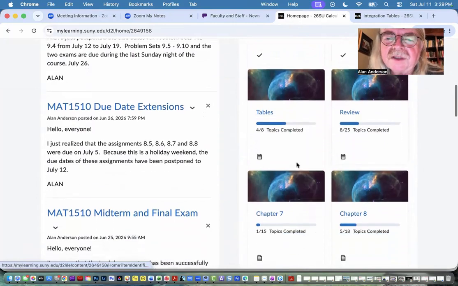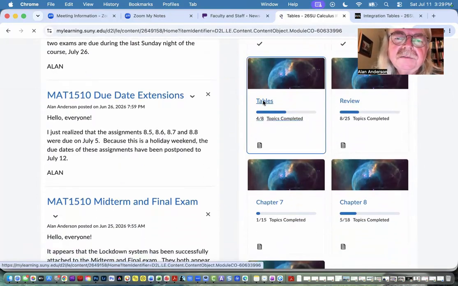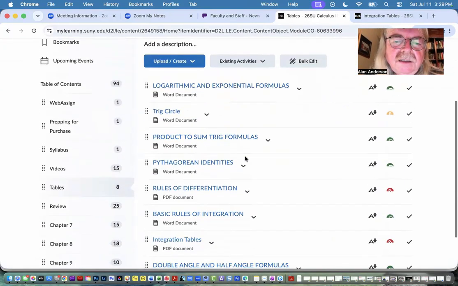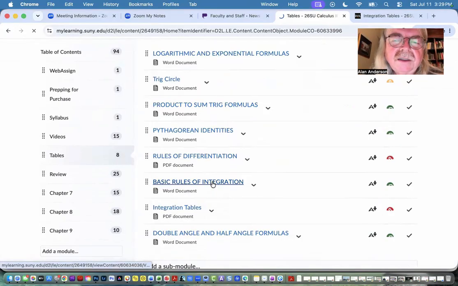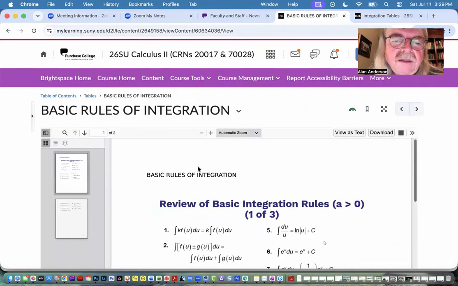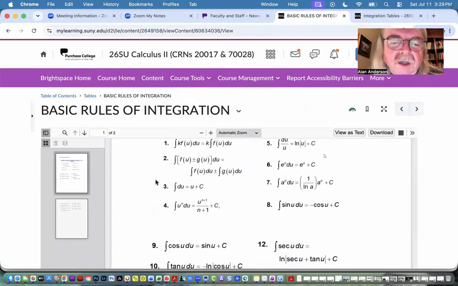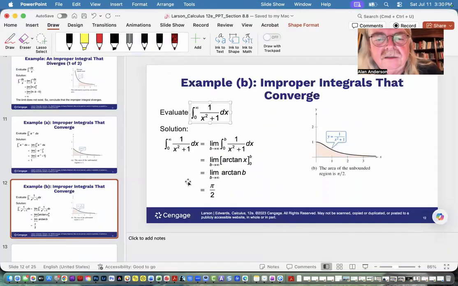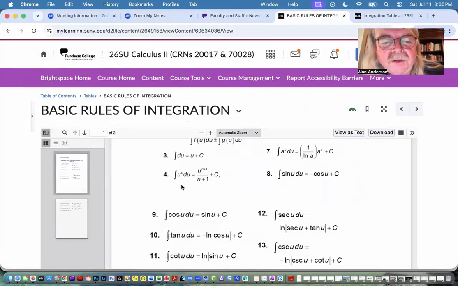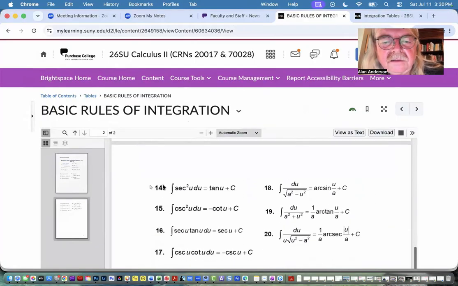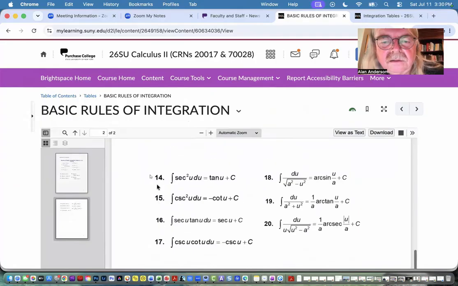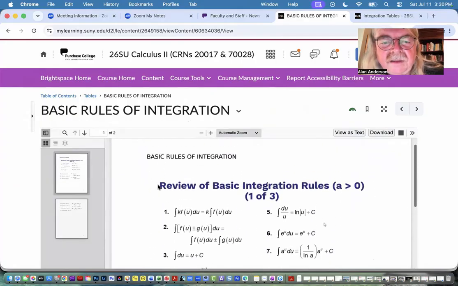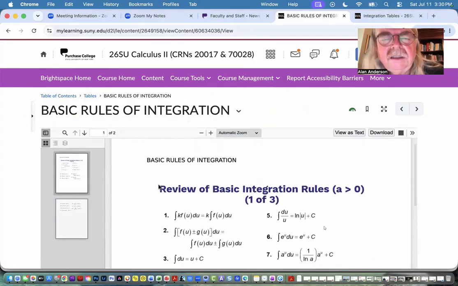And we'll see if that one's in there. Okay, basic rules. Yeah, it'll be much easier to find it here. There's only a few rules. So 1 over x squared plus 1. Oh, maybe not. No, I don't see it there.